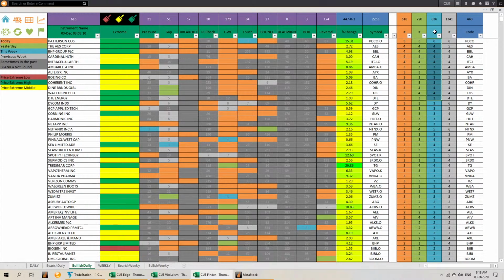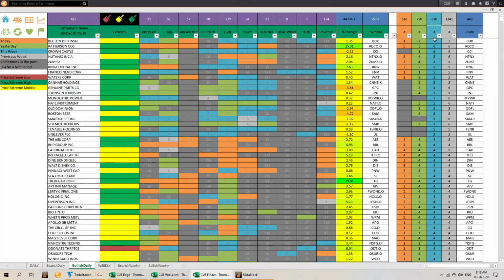Therefore, I may sometimes want to look at the stocks that are giving me the maximum number of signals this week. Then I sort by the consolidated blue column, and you can see the stocks having the maximum signals are coming to the top, and this is the consolidated number of signals for the week.